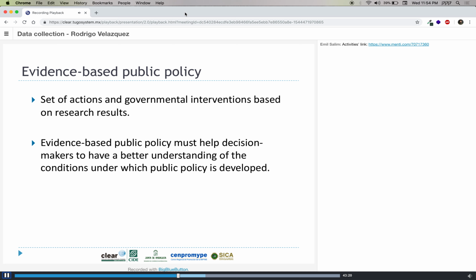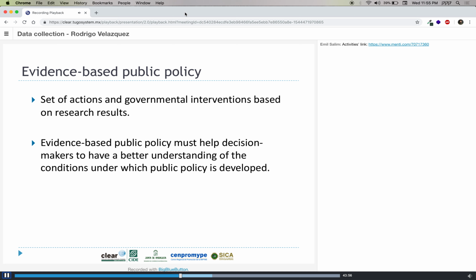So this justifies the usage of this. So this is evidence-based public policy must help decision makers to have a better understanding of the conditions. So this contains testimonies, data, and this has different types of information that supports or justifies the actions that are going to be designed in the programs that are going to be implemented by several organizations or just one organization.